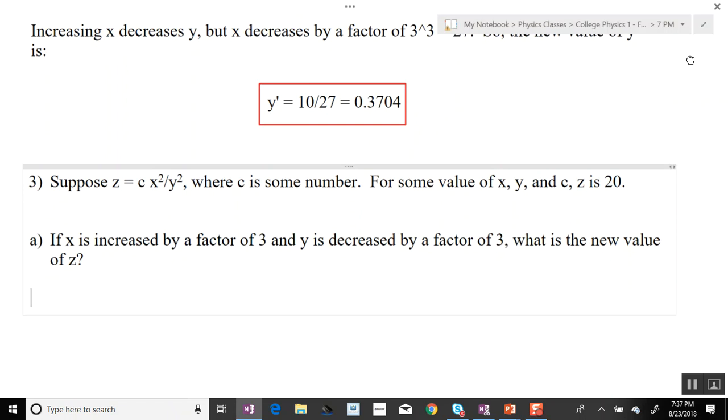The best way to do these is basically one at a time. So just focus on x. Is x proportional to z? In other words, if x gets bigger, does z get bigger? Yeah, because it's not in the denominator.